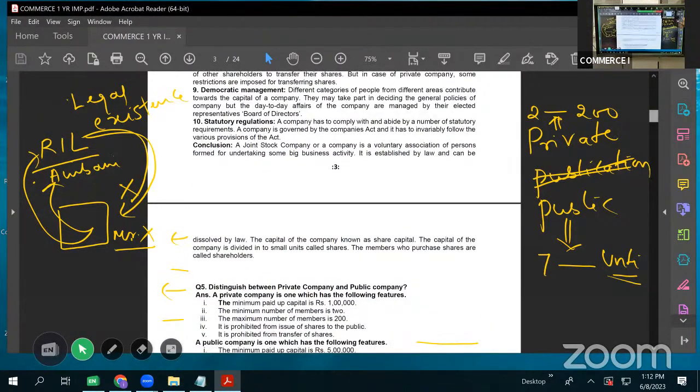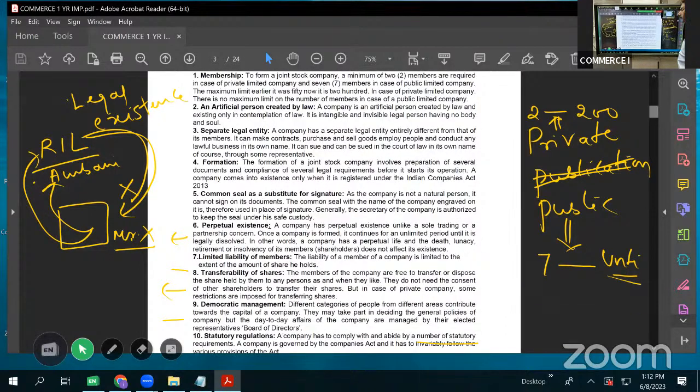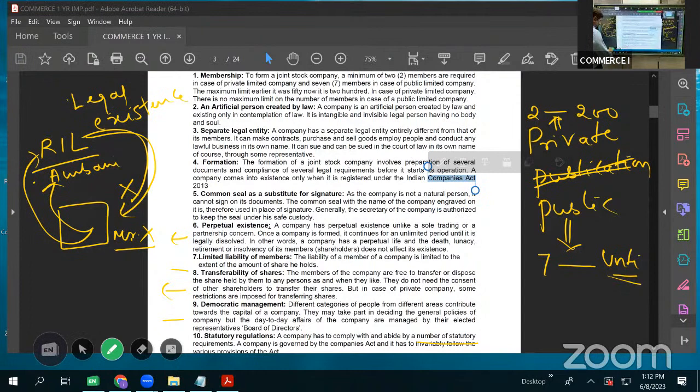See, if it is a partnership firm, all partnership firms in India are governed by the Indian Partnership Act 1932. Likewise, all the registered companies in India are governed by the Indian Companies Act 2013. It is here, you see.